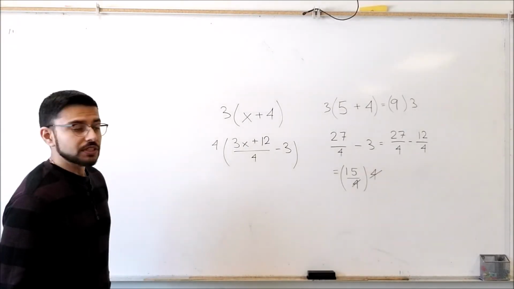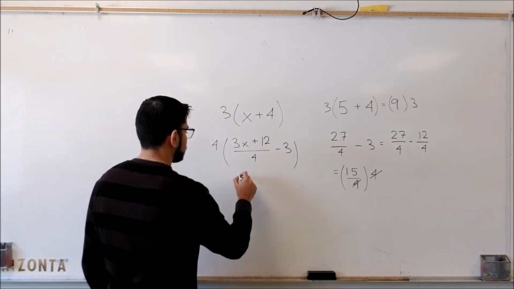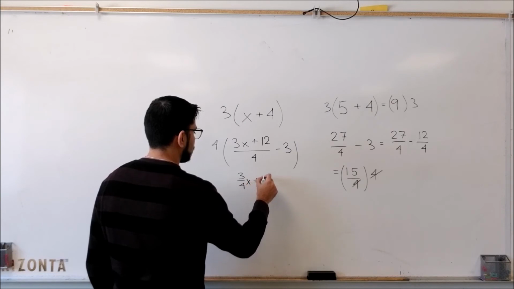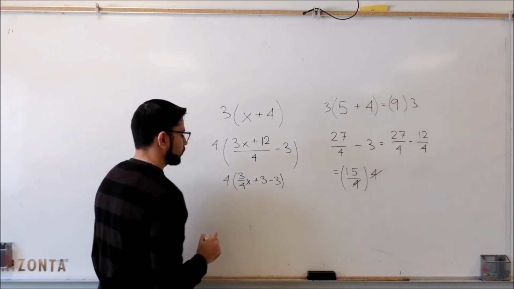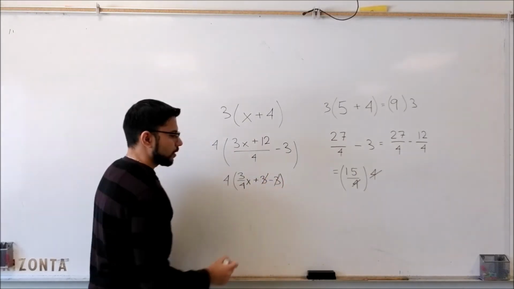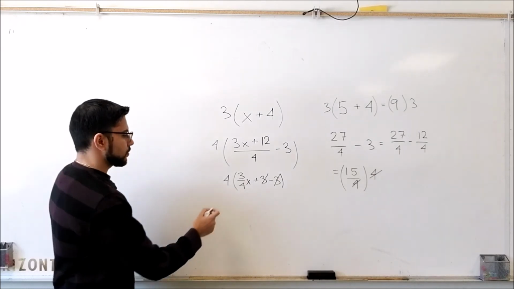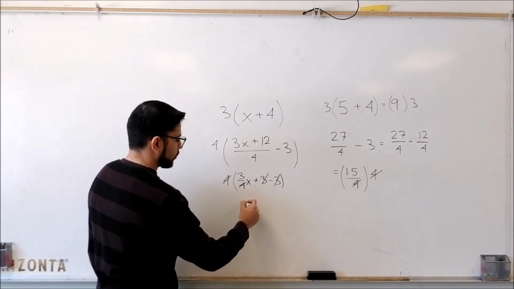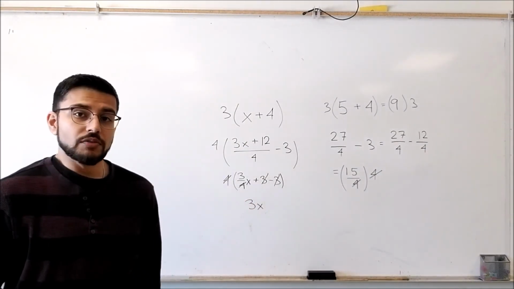So they should be with number 15 now, and for us, if we want, we can clean this up a little bit. You'll notice we end up getting 3 minus 3. Those end up canceling out. We end up getting 4 times 3/4. So our 4's cancel out, and we're stuck with 3 times our variable.